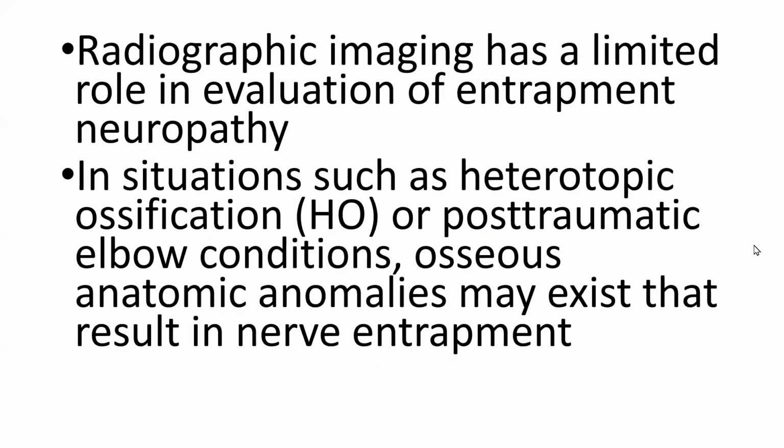What about imaging? Radiographic imaging has a limited role in evaluation of entrapment neuropathy. In situations such as heterotopic ossification or post-traumatic elbow conditions, osseous anatomic anomalies may exist that result in nerve entrapment.